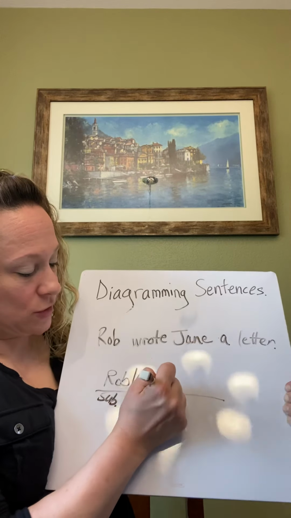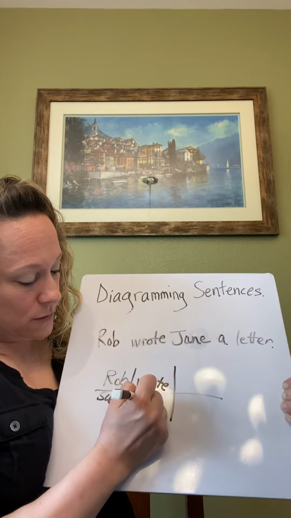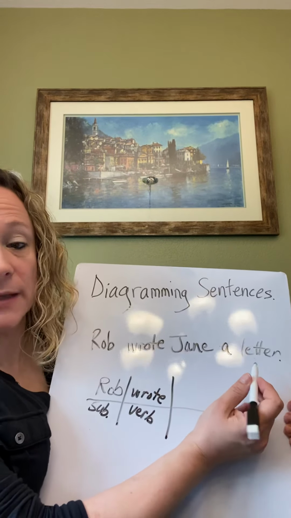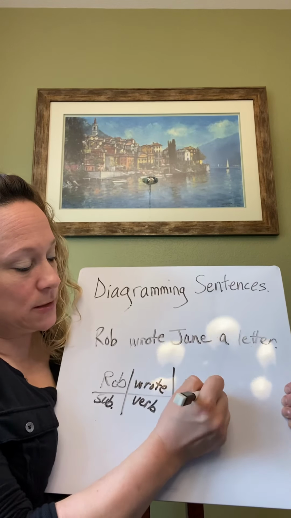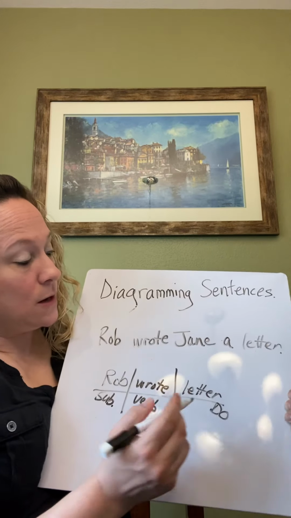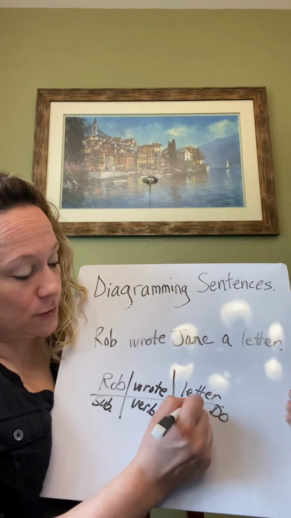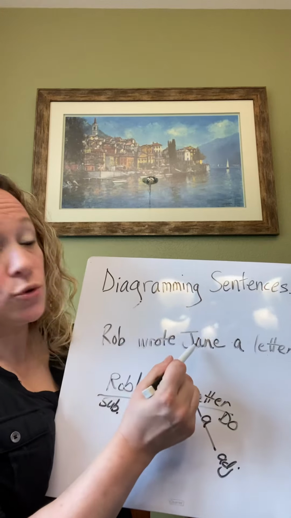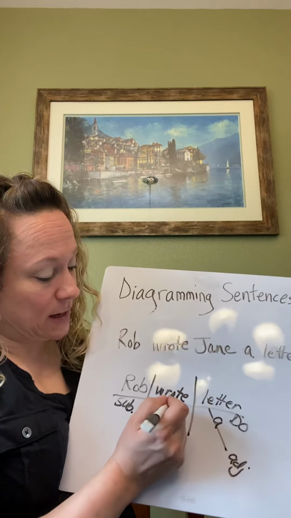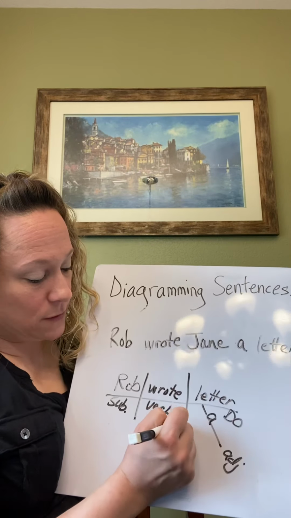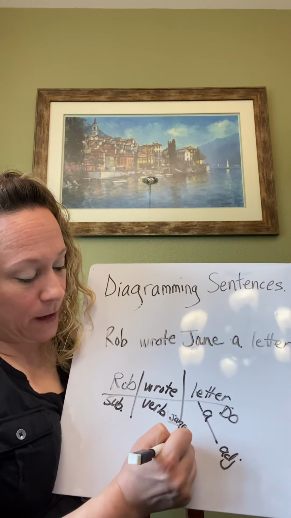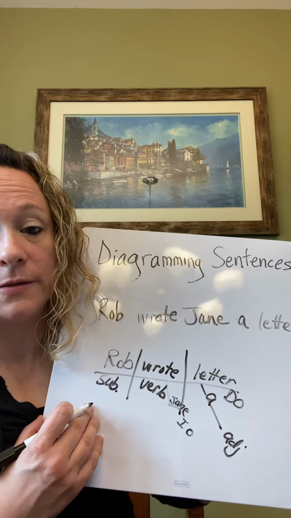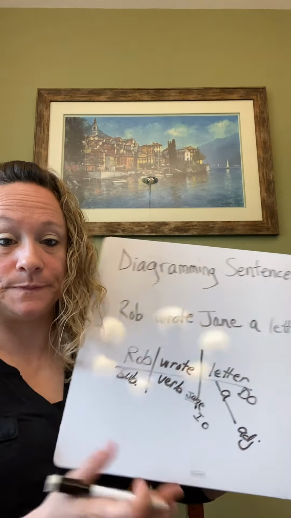Wrote is your action word, so that's your verb. Wrote what? What is the letter? So that is your direct object. All right, a is before letter, so again we have an adjective here. And wrote who? So Jane is our indirect object. So that goes off of our verb. And then you put an IO for indirect object. So that is our diagram for this sentence.